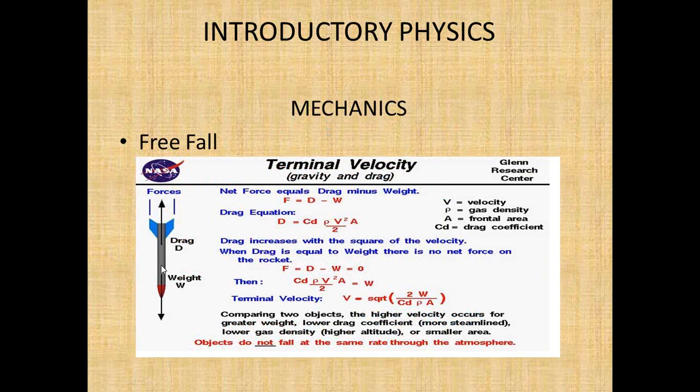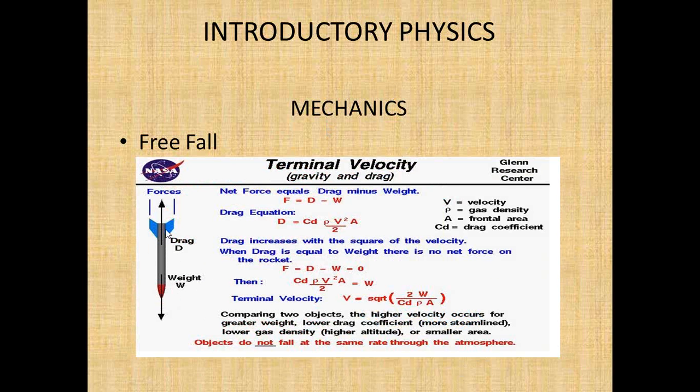The weight of the rocket is going to pull it downwards, because of the acceleration due to gravity. Remember, the weight is mass times acceleration, and the acceleration here is the acceleration due to gravity, which is g. So that's pulling it downward.